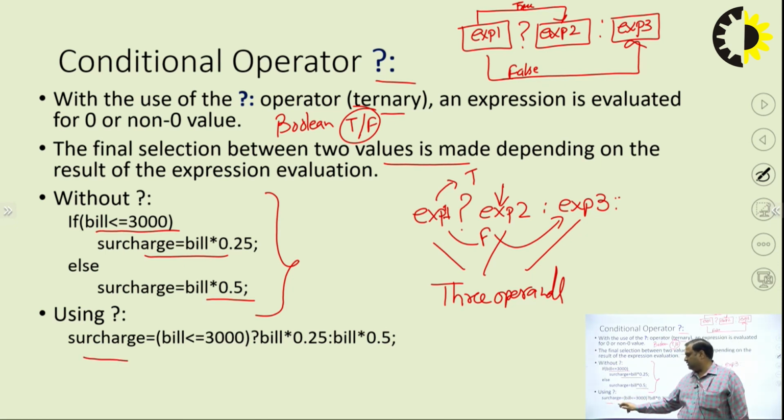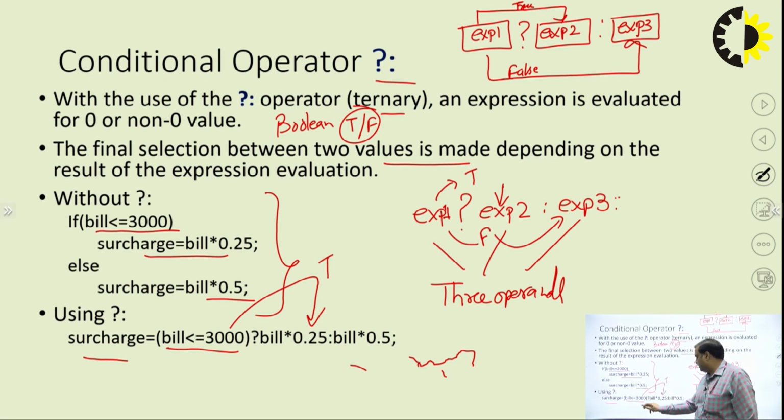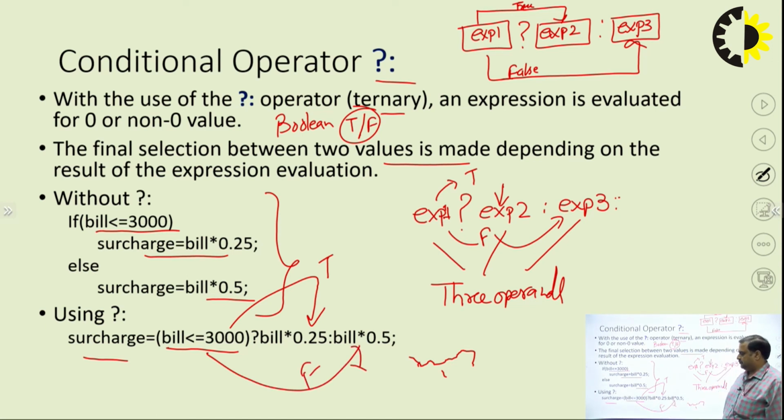Like surcharge will be calculated. So surcharge equals, it will be checked if bill is less than or equal to 3000. If it is true, and if it is false, then this will be calculated.